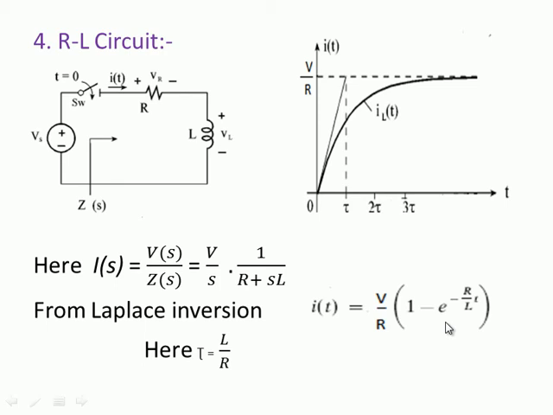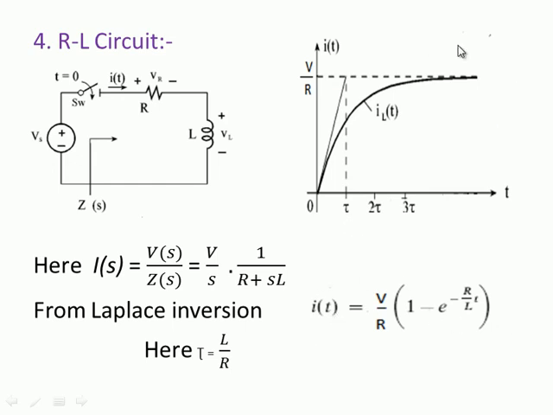How? Listen carefully. Keep the 1 aside; I am talking about minus e raised to the power minus R by L t. If the differentiation of this comes positive, then it is a rise in any quantity, a rise in current if it is I, or a rise in voltage if it is voltage.